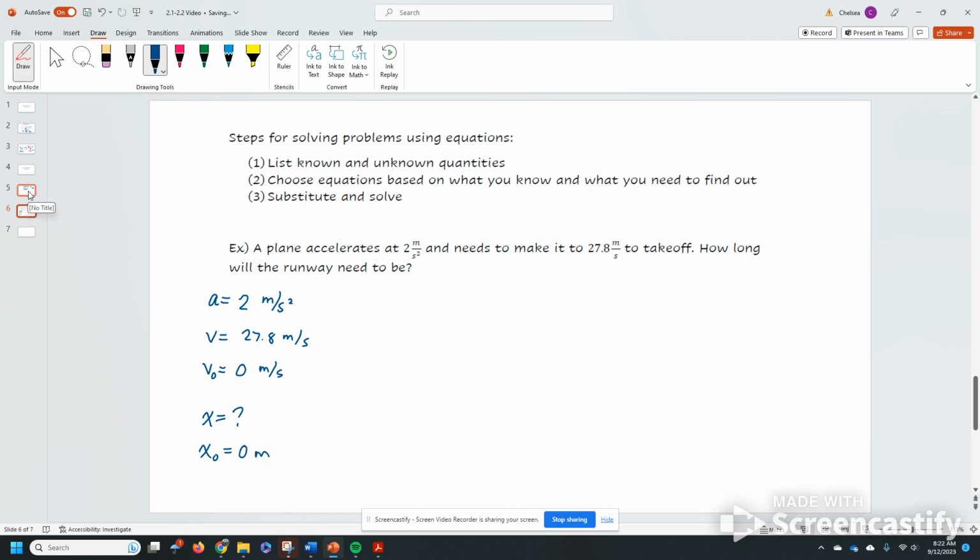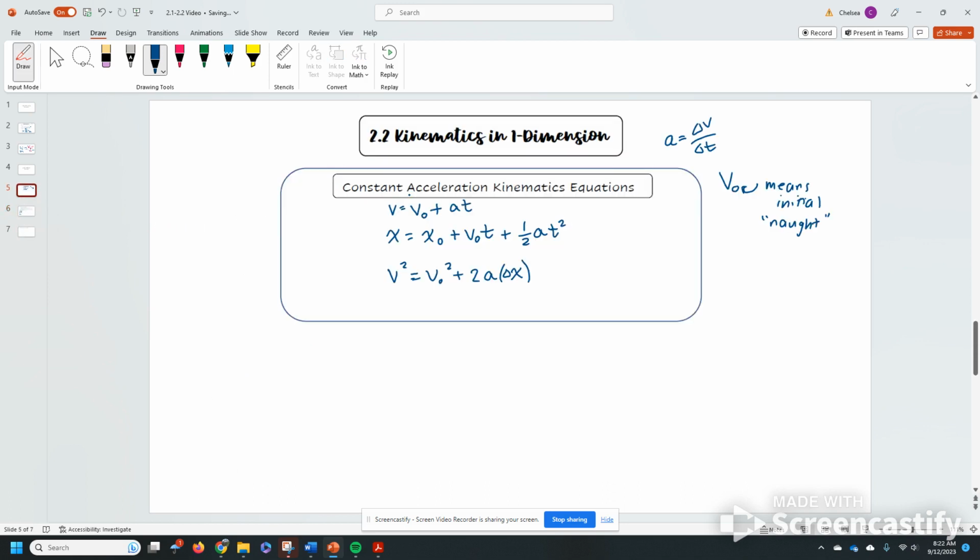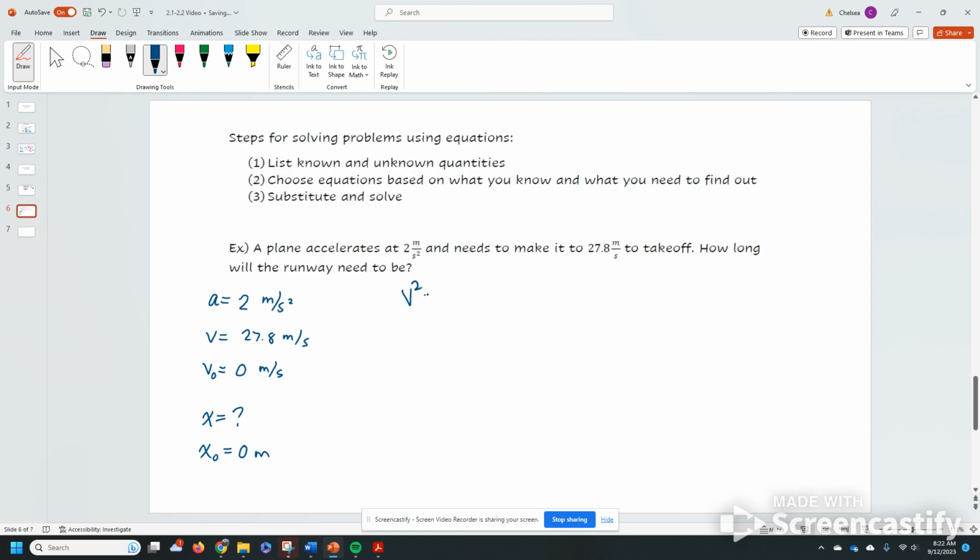So then looking back at our equations, we have information about velocity and acceleration. We need position. Our first 2 equations deal with time. I don't need to know time for this problem, so I might look at this third equation, final velocity, initial velocity, and acceleration, and then we can solve for position. Cool. So v squared equals initial v squared plus 2ax. I'm just putting x here because that's delta x.